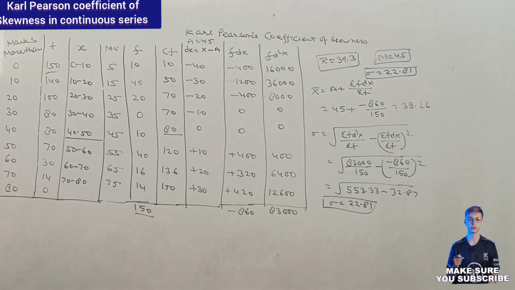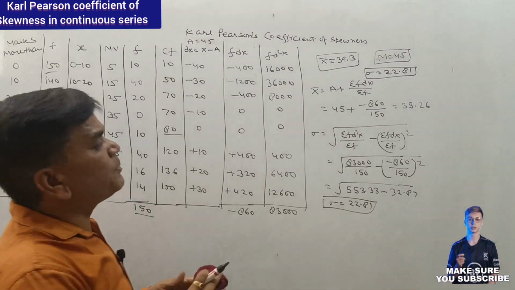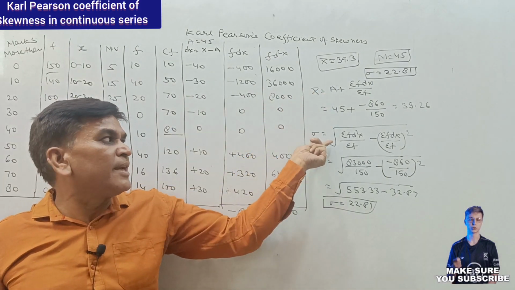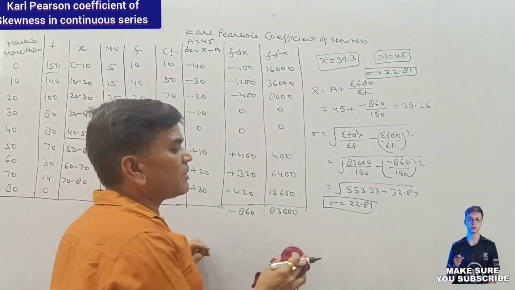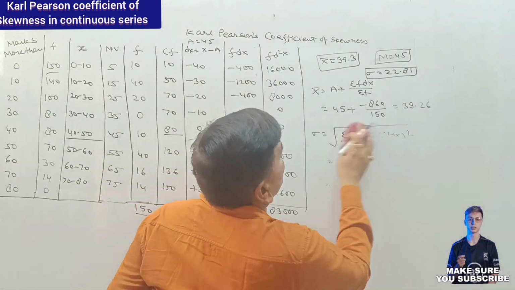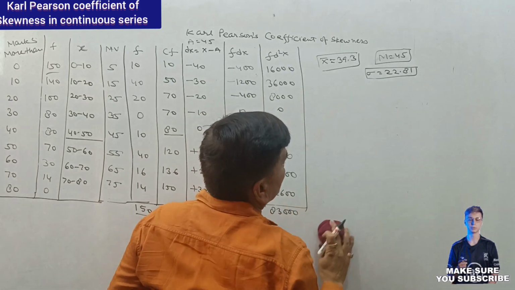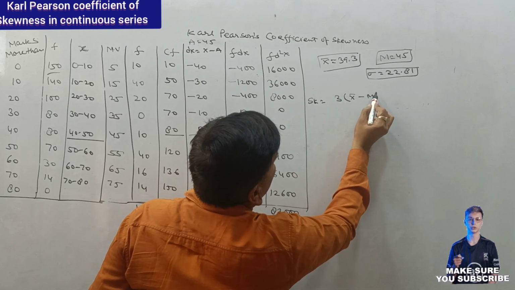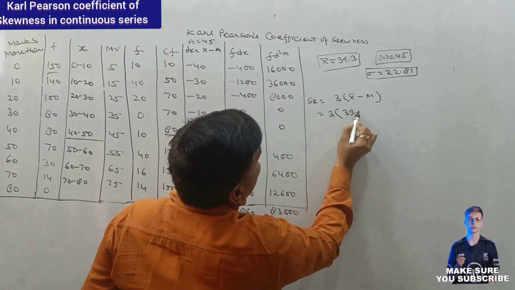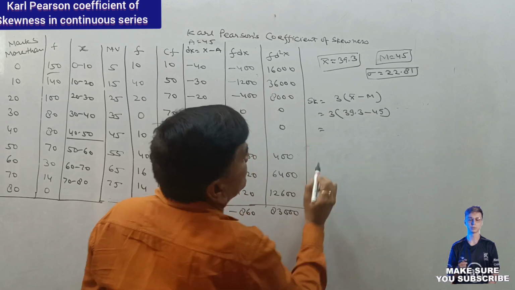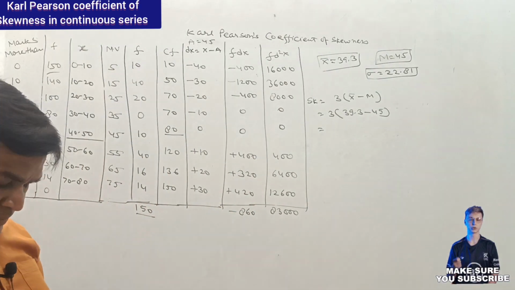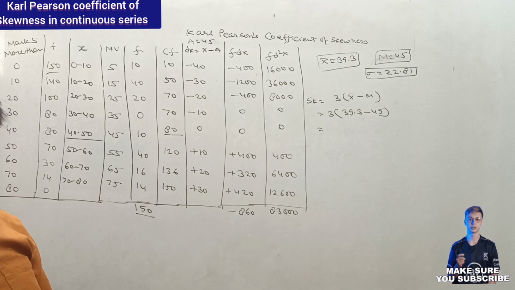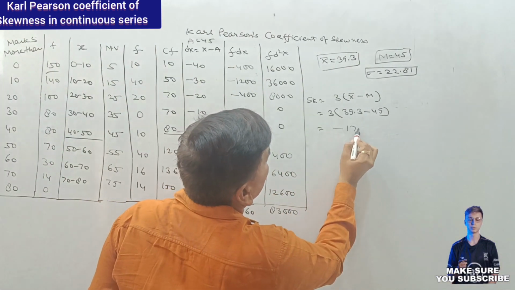So we have calculated all three values. For getting the Karl-Pearson skewness, what have we done? We have first calculated the value of x bar and then the value of standard deviation. So already you know how to calculate these values. Next, calculation of skewness. Skewness is 3 times x bar minus m, so 39.3 minus 45, that is minus 17.1.